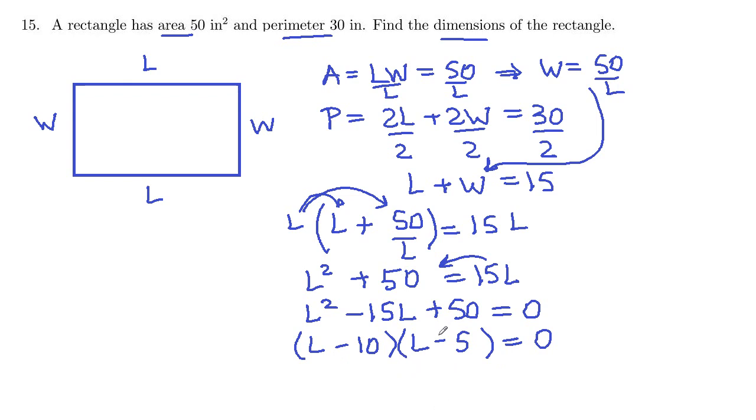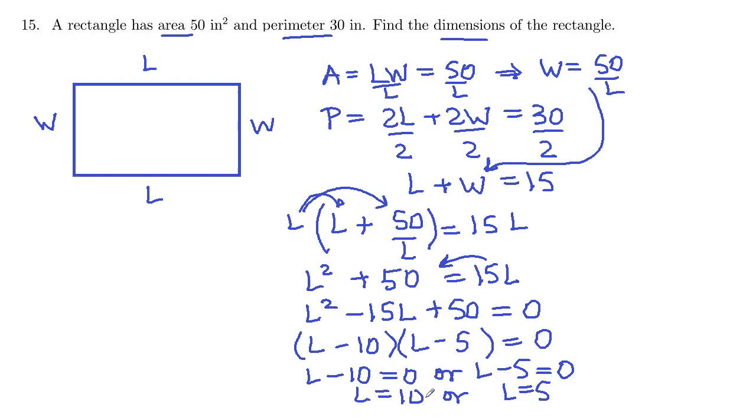And 5 times 10 is 50. And so either L minus 10 is equal to 0, or L minus 5 is equal to 0. Bring the 10 over as a positive here, L equals 10. Or bring the 5 over as a positive, L equals 5.